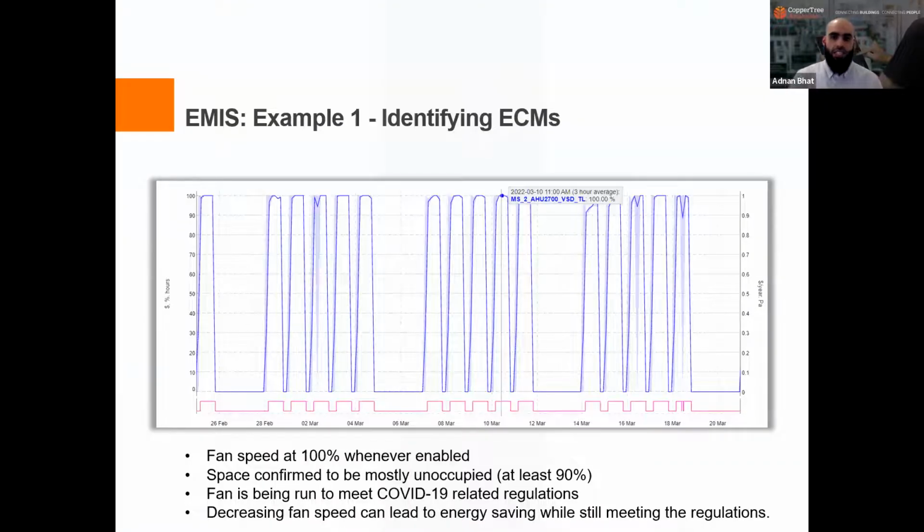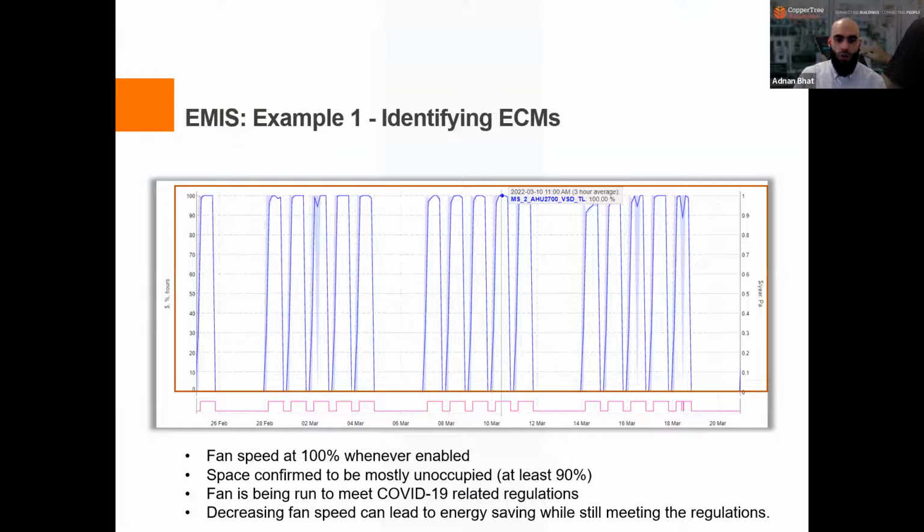So this first example is from a commercial facility, and what you see on the screen is a trend log view taken between late February and late March. The blue line here shows the supply fan speed for one of the air handling units at the facility, and the pink line shows the fan status.